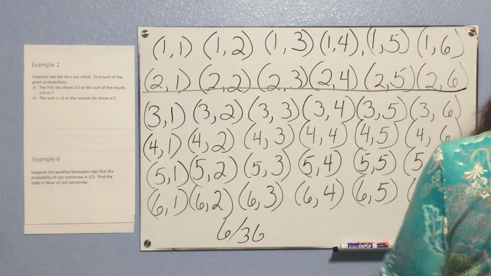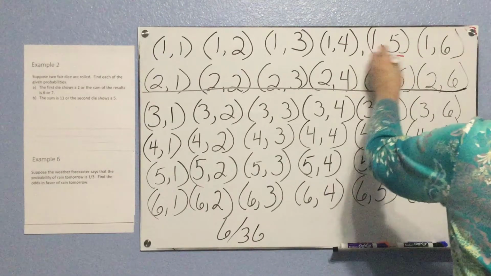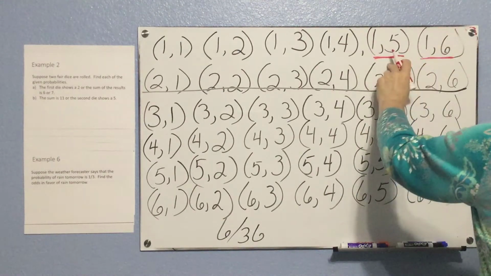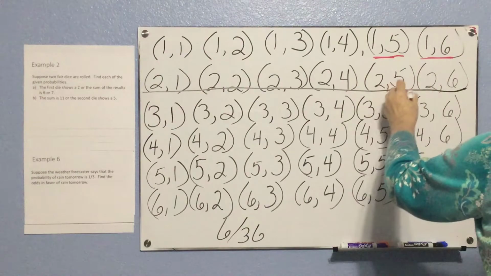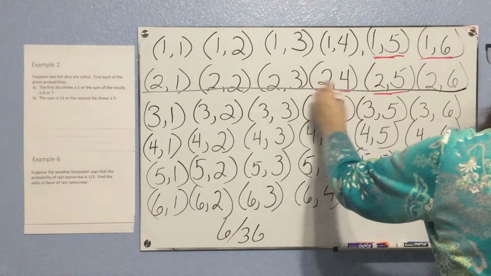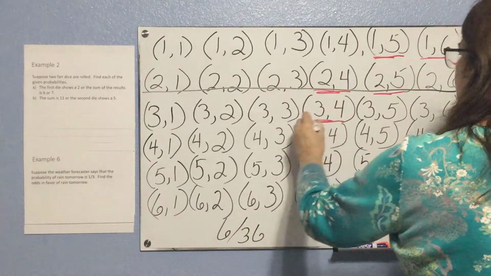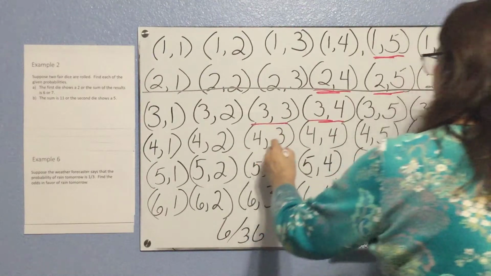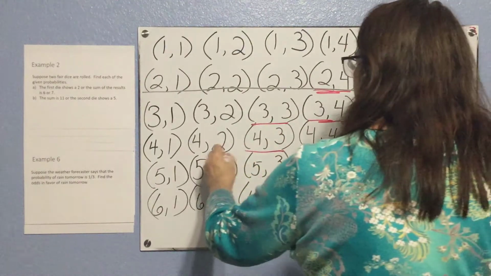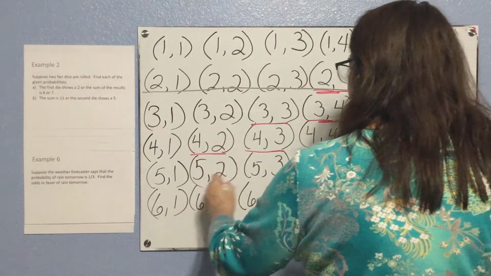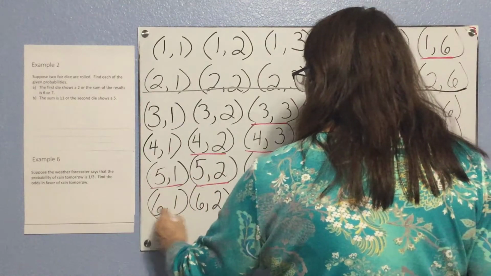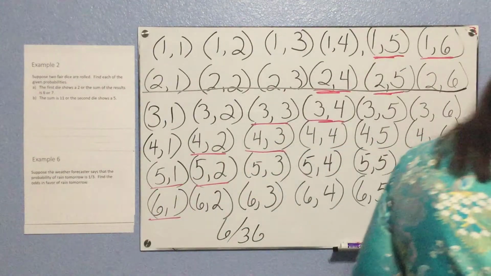Well, in this first row, that would be this one and this one. That's a sum of 6. That's a sum of 7. And then here and here. And we're just going to continue on in this fashion until we get all the way down to this corner.